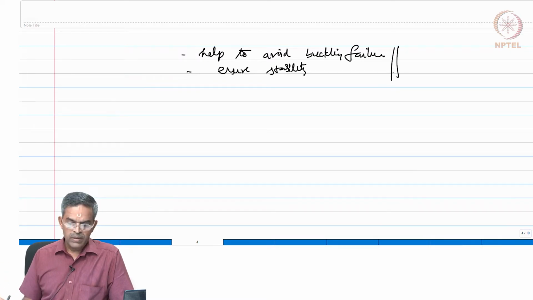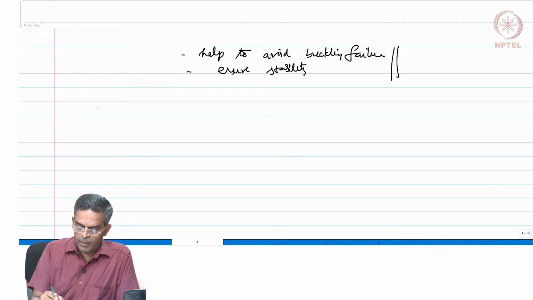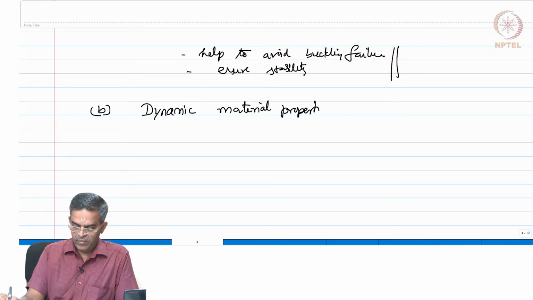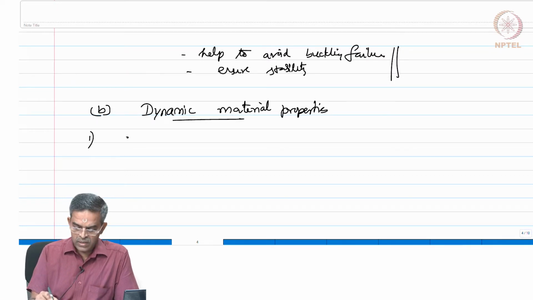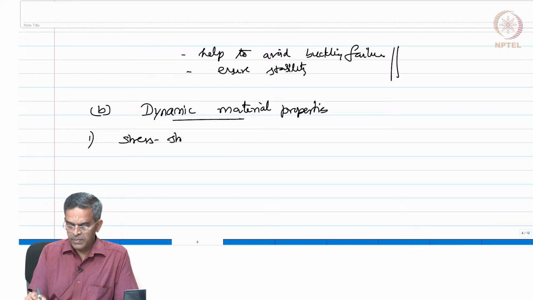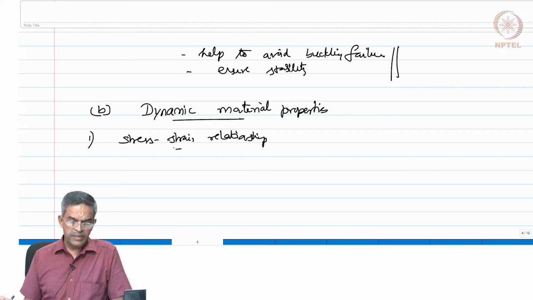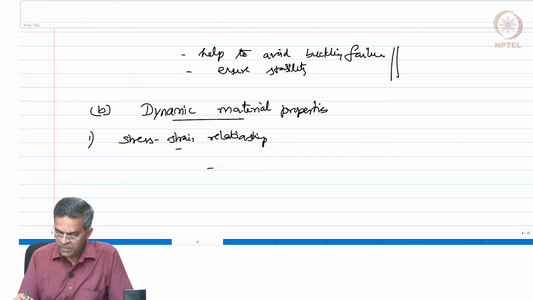Okay. So, now let us go one step forward and look at the dynamic material properties. In this, we will first start looking at the stress strain relationship. Response of the material under static or dynamic load is governed by the stress strain relationship, is it not?